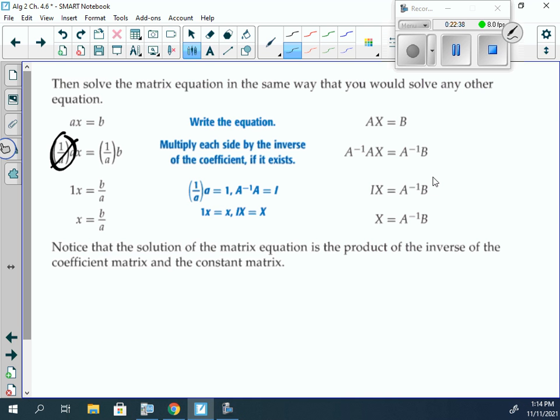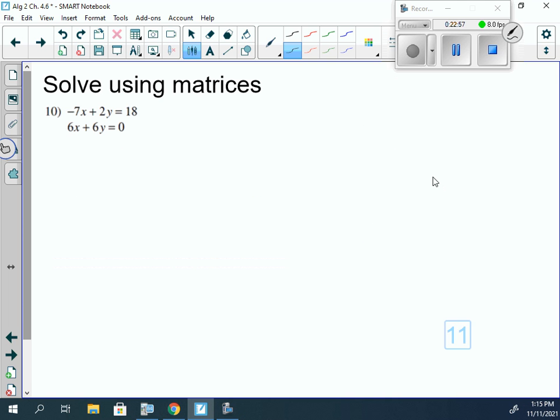We're doing a similar process here, because a times a inverse is 1, or the identity, which will give x. And once we multiply a inverse times b, we will actually get the answer.